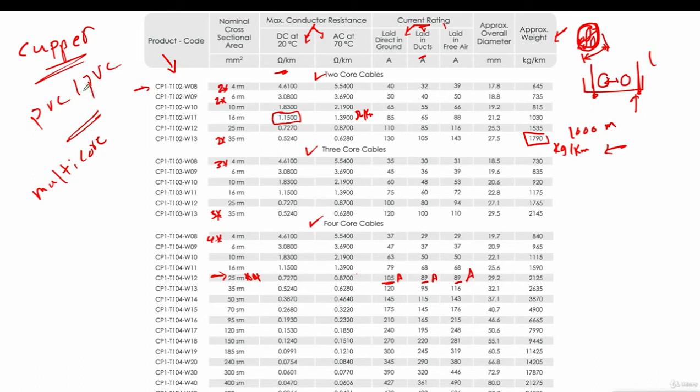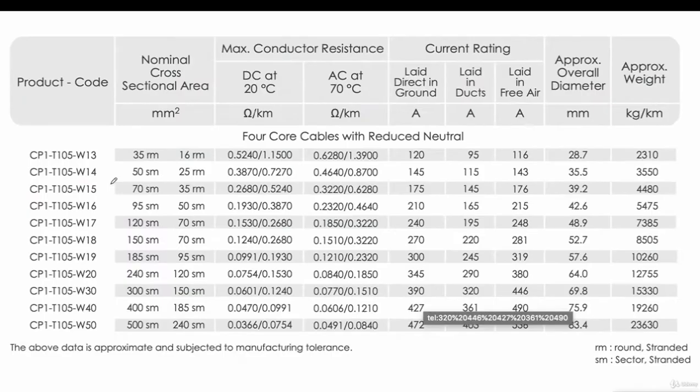This is for copper conductor PVC by PVC multi-core cable. If you use a 4-core cable with reduced neutral, what does it mean by reduced neutral? For a 4 core cable without reduced neutral, it means that the 4 cores are the same cross section, but with reduced neutral, the neutral shall be half the cross section of the 3 other conductors.